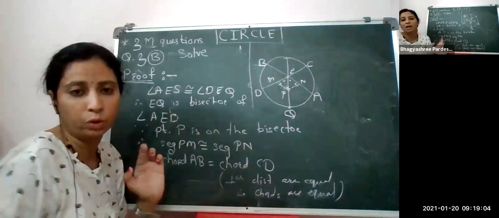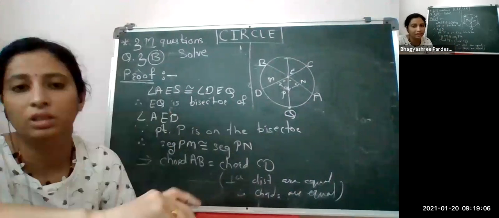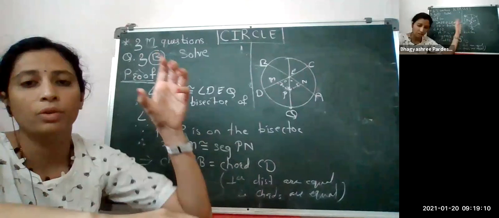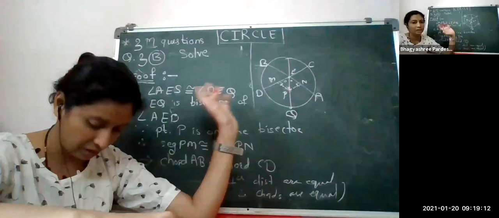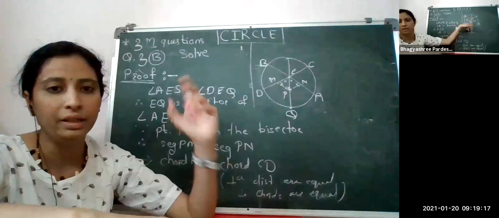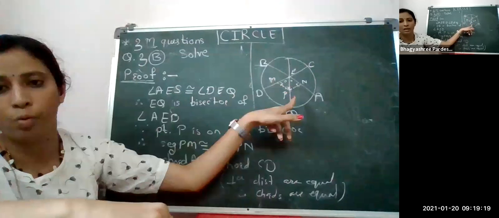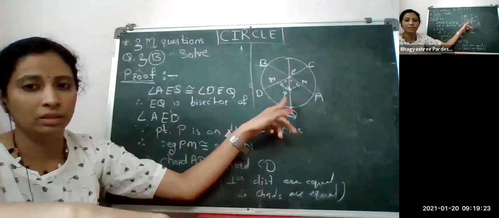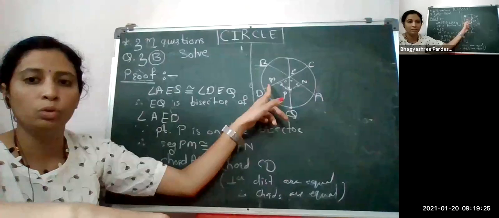Any doubt in this question? What we have done: whatever was asked in the question, we wrote properly in the construction. Then in the proof, we simply used the concept that if a point lies on the bisector of an angle, the two corresponding sides are equal.